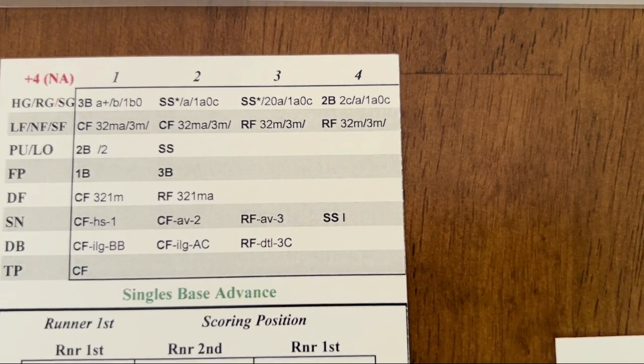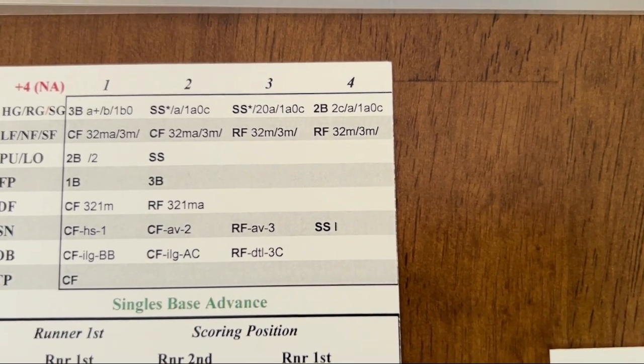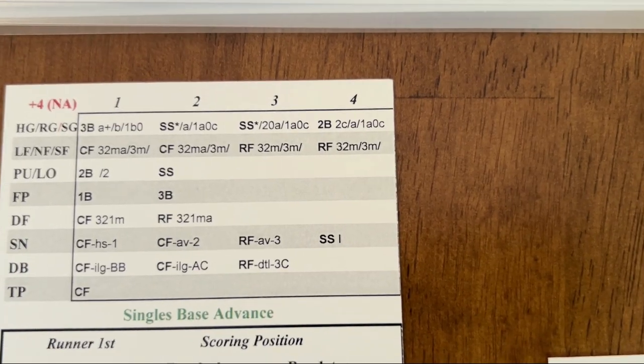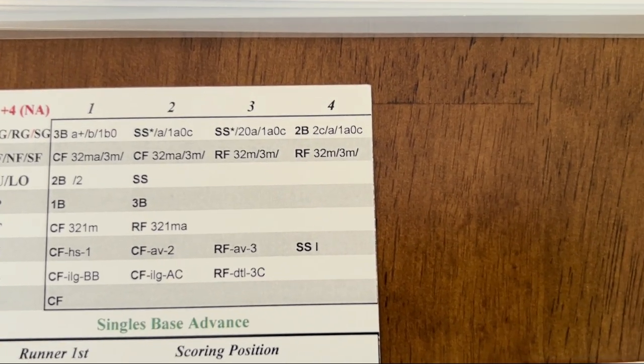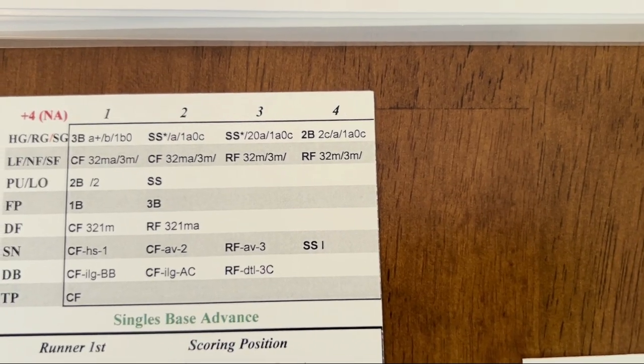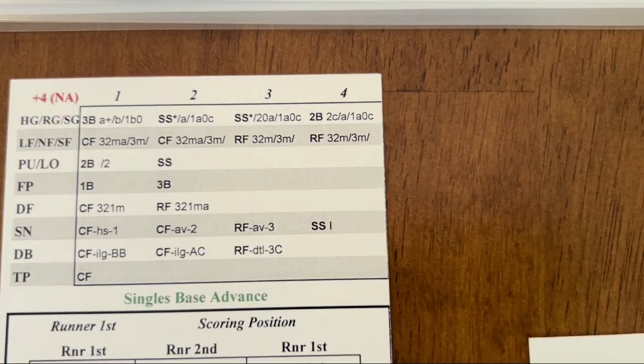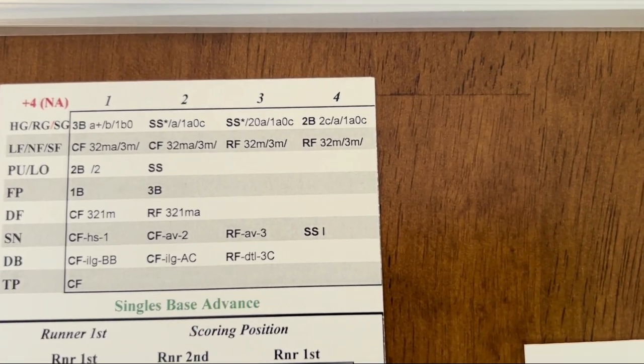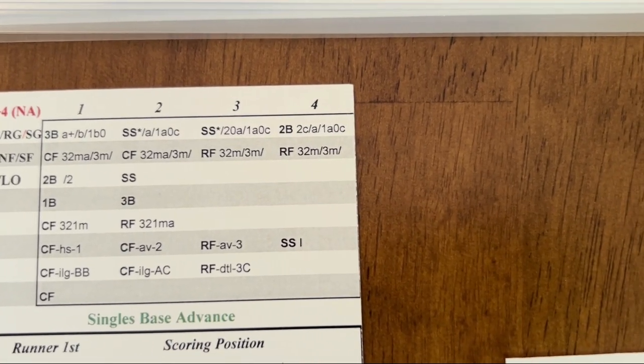And the A is what we use when there's a runner only on first, nobody ahead of him. And then the second letter is what we use when there is a runner in scoring position in addition to the runner on first. So a runner on second, runner on third, or bases loaded. What happens to that runner on first?